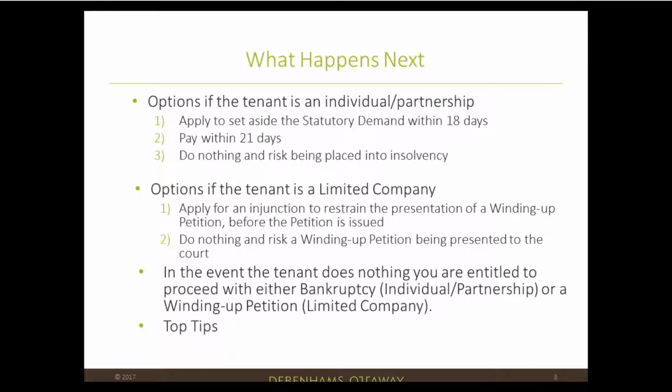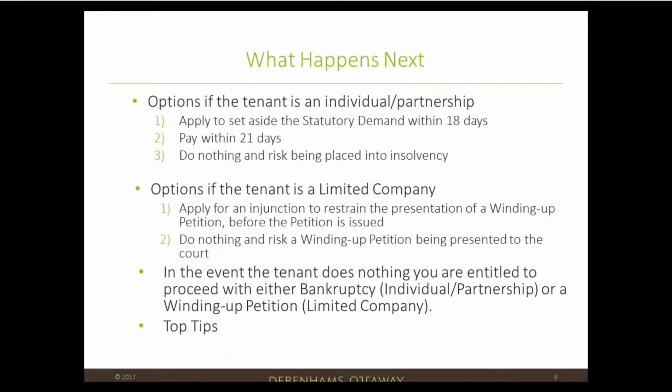Okay, so in the event they do nothing, then you're entitled to proceed with your bankruptcy or your winding up petition, which is outside the scope of today's webinar. It's important to recognise that if you do go to this stage, you cannot guarantee payment, and in the event the company is wound up or the person is made insolvent, then you would rank with the unsecured creditors.